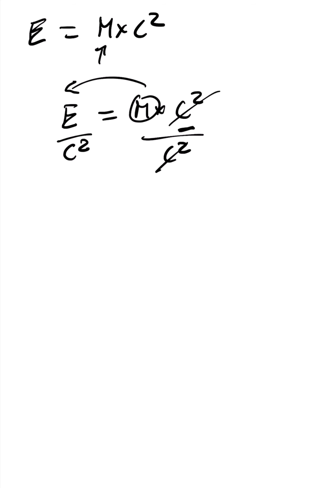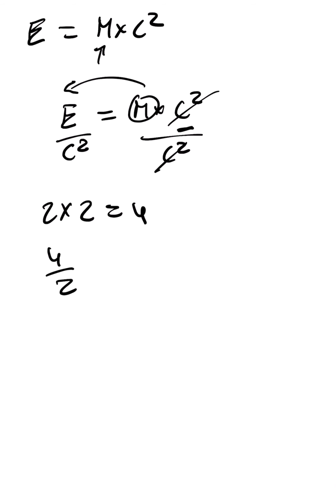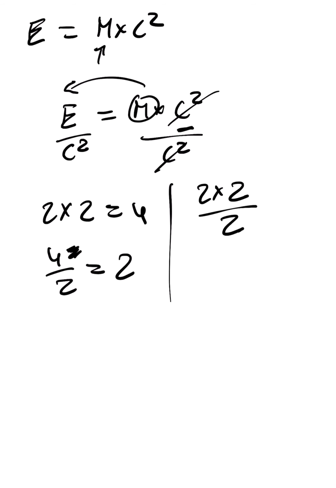Why does it do that? Imagine you have 2 times 2, it's equal to 4. And if I divide 4 by 2, I get 2. But let's look at it this way. We know that 2 times 2 is equal to 4. So instead of writing this 4, I can simply write 2 times 2 divided by 2.